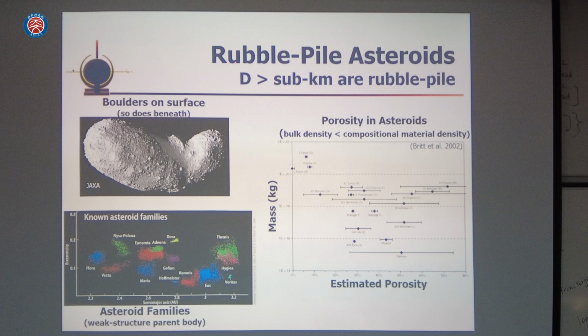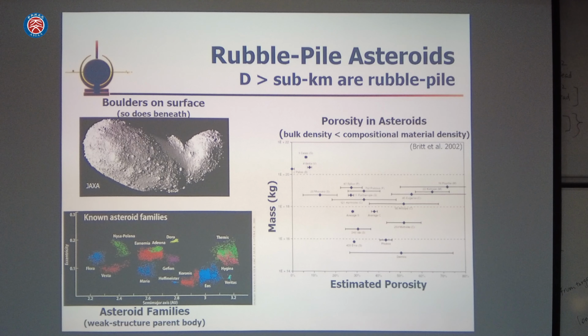If the parent body has a strong structure like a rock, you need a lot of energy to destroy it. And eventually the small pieces created from the collision will gain a lot of energy, and they will disperse and no longer be dynamically correlated to each other.